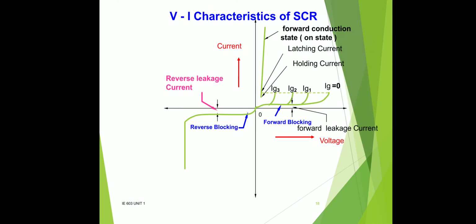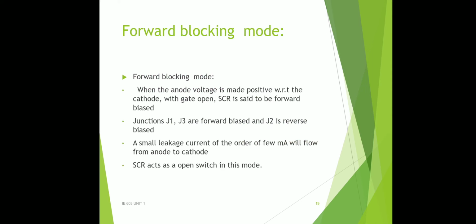See, SCR has three modes of operation: forward blocking mode, forward conducting mode, and reverse blocking mode. What forward blocking mode means, we already discussed. When the anode is made positive with respect to the cathode with the gate open, the SCR is said to be forward biased. J1, J3 are forward biased and J2 is reverse biased.